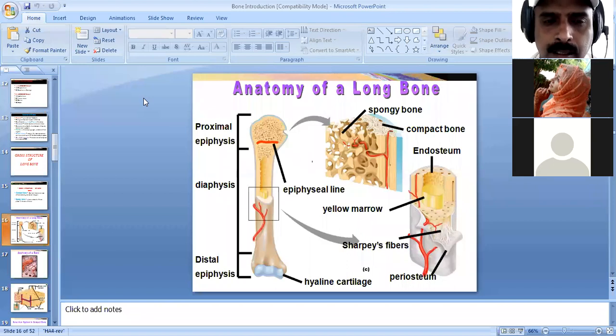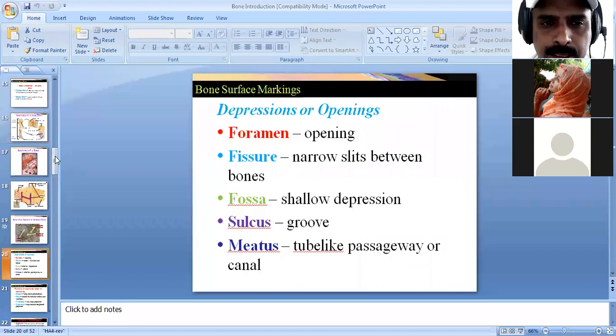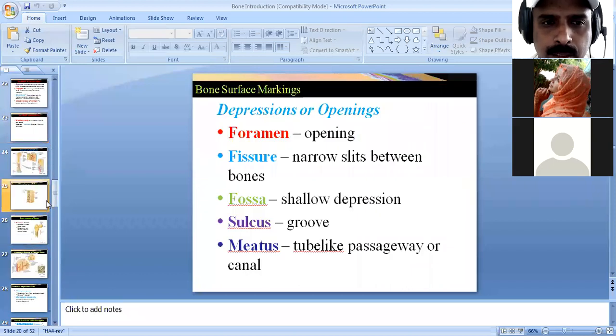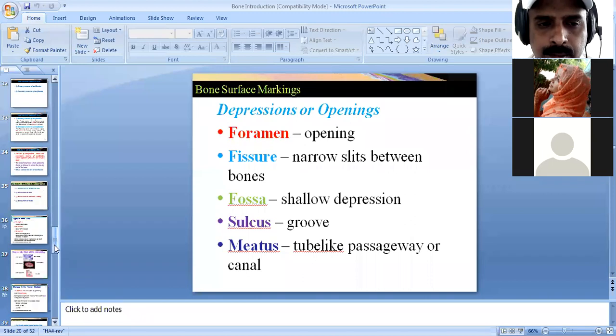The next remaining part I am going to take is bone surfaces. But before that, most important, we have to deal with the structure of the bone, blood supply, and ossification of the bone. I am going to cover this in the next lecture.